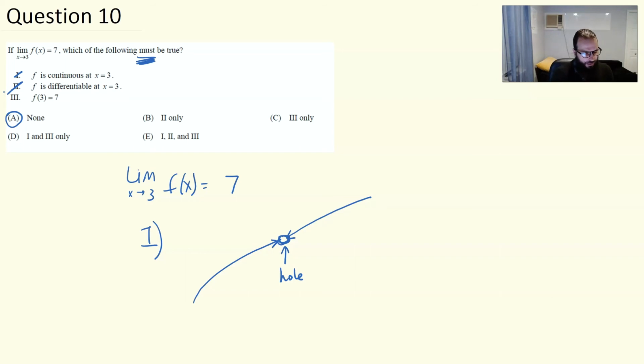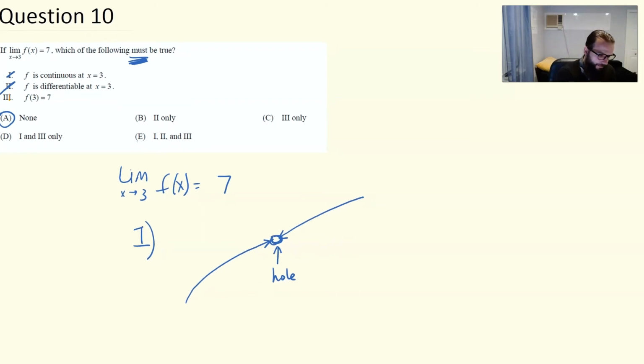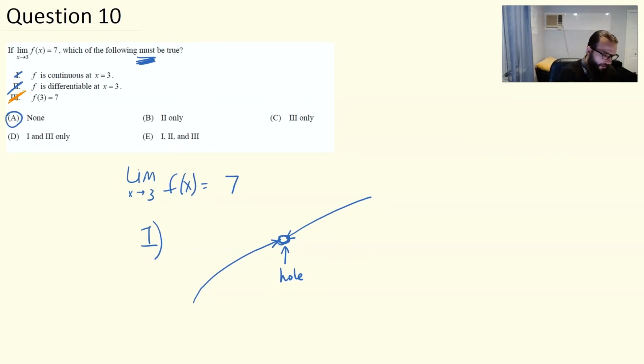And finally, choice number 3, just because there's a limit doesn't mean that we have an actual value here. So the limit doesn't have to equal the function value. If it does, then we know it's also continuous. So the answer here is none of the above, because the limit tells us nothing about the other properties.